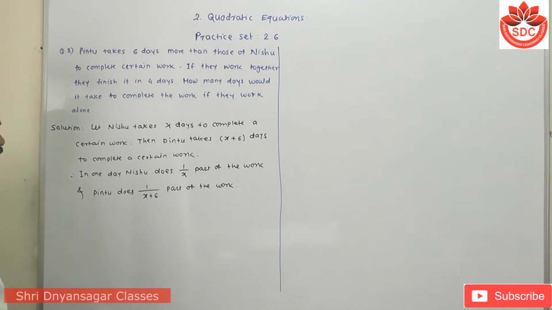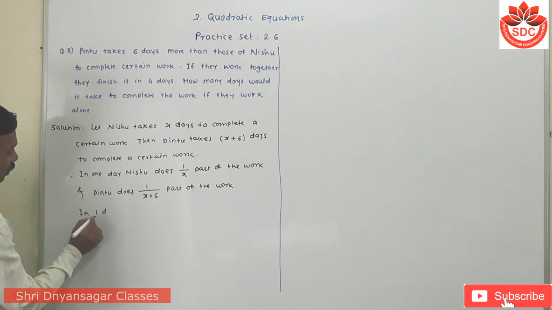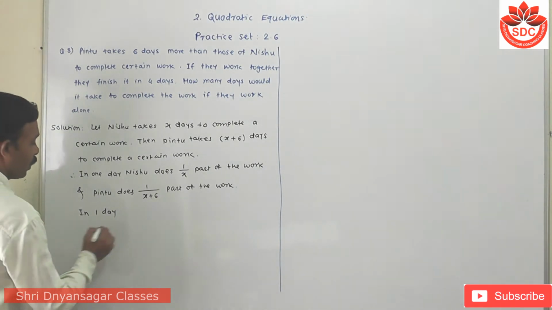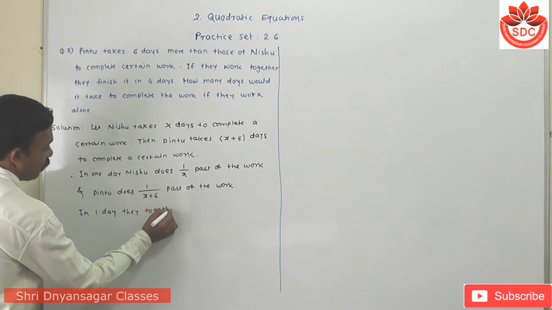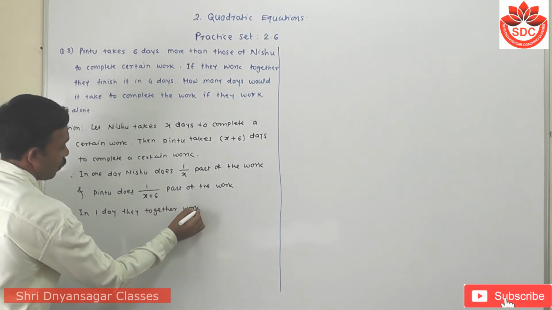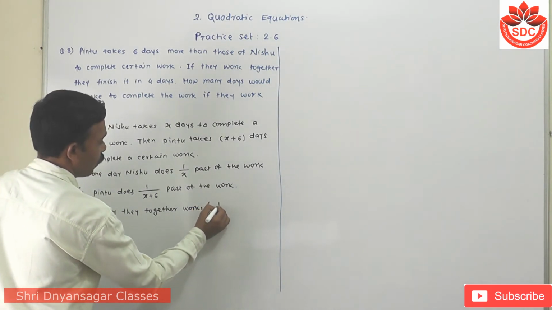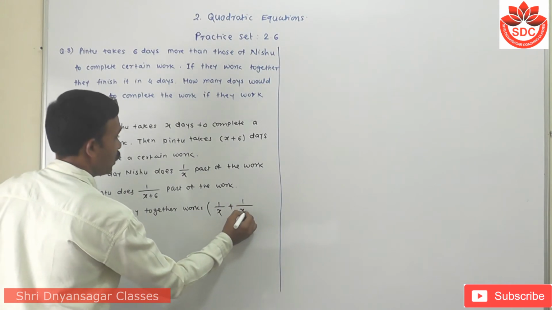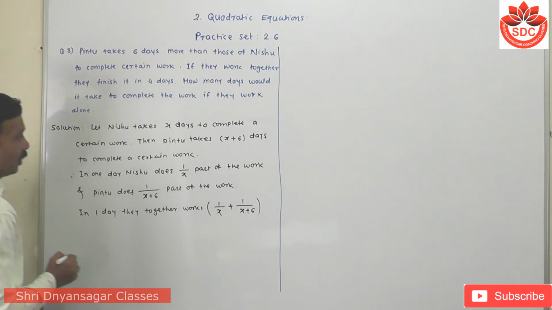Mean that in one day they together work is equals to 1 upon x plus 6 part of the work.